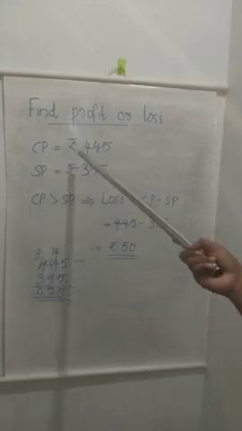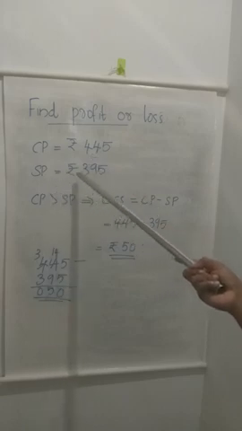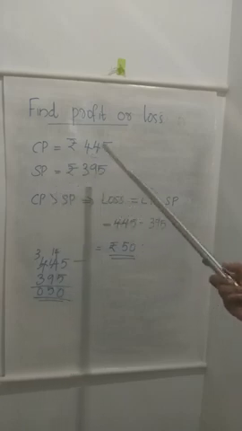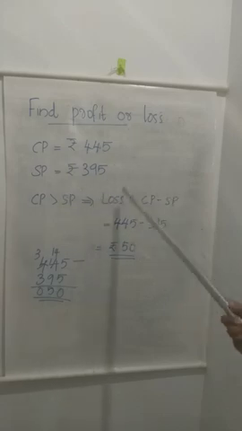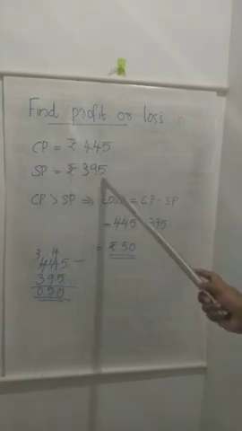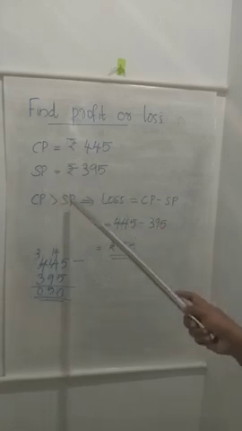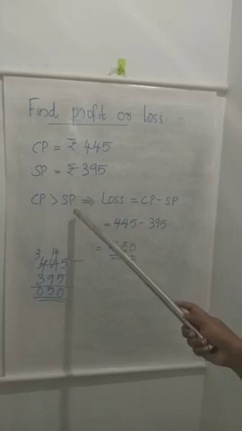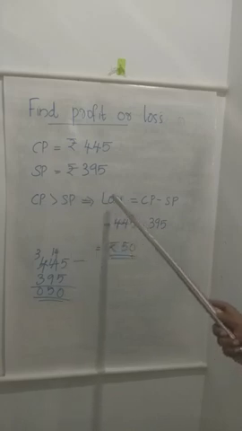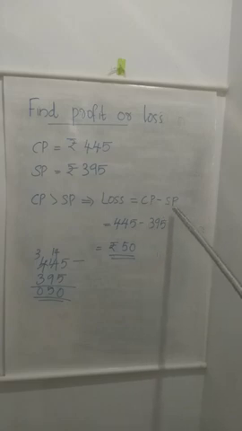Given cost price is equal to rupees 445. Selling price is equal to rupees 395. So here there is no overhead. So compare the cost price and selling price. Which is greater here? Here cost price is greater. That means cost price is greater than selling price. What we have? Loss. So loss equal to cost price minus selling price.